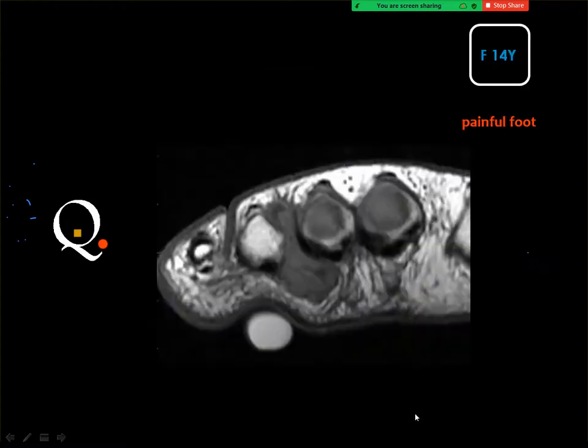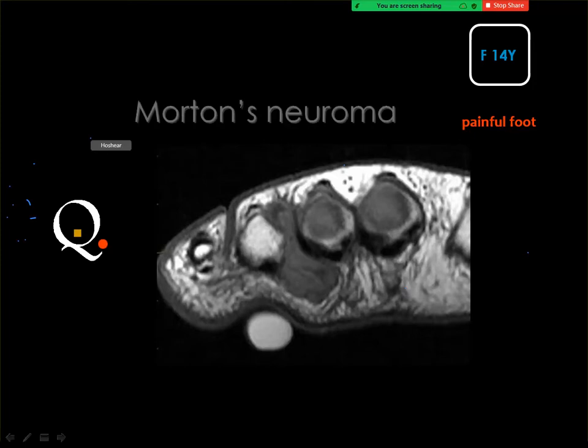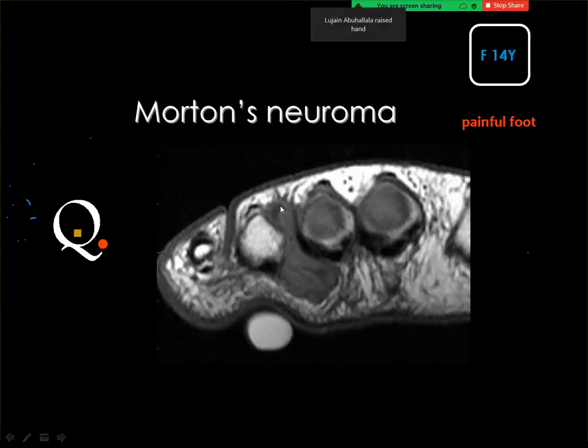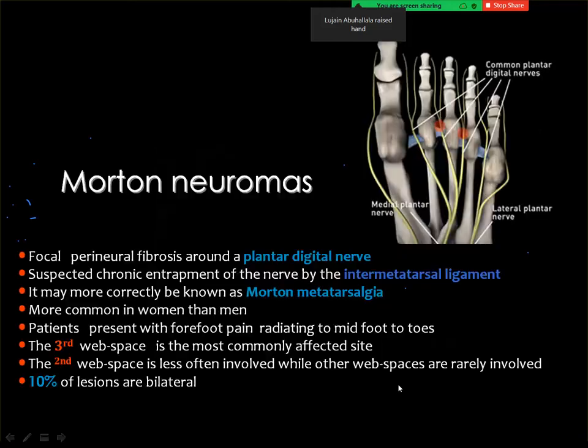Next case. This is Morton neuroma. Yes, and this is Morton neuroma, classic location, classic appearance, a dumbbell-shaped lesion which is present in the third metatarsal space.